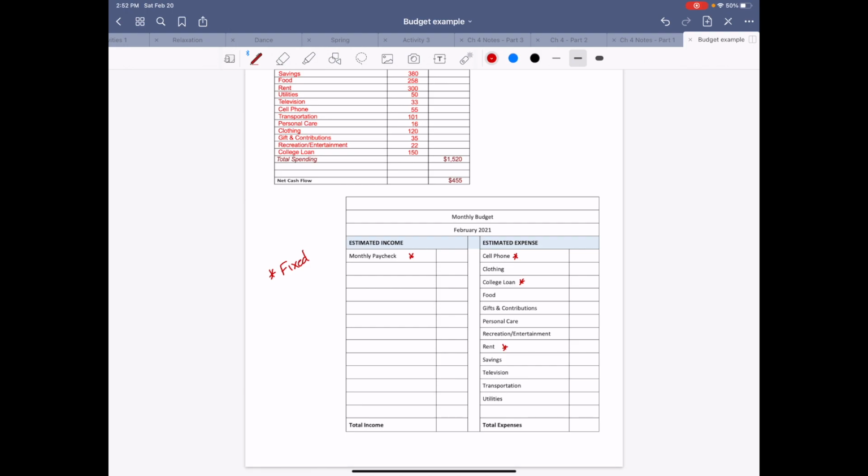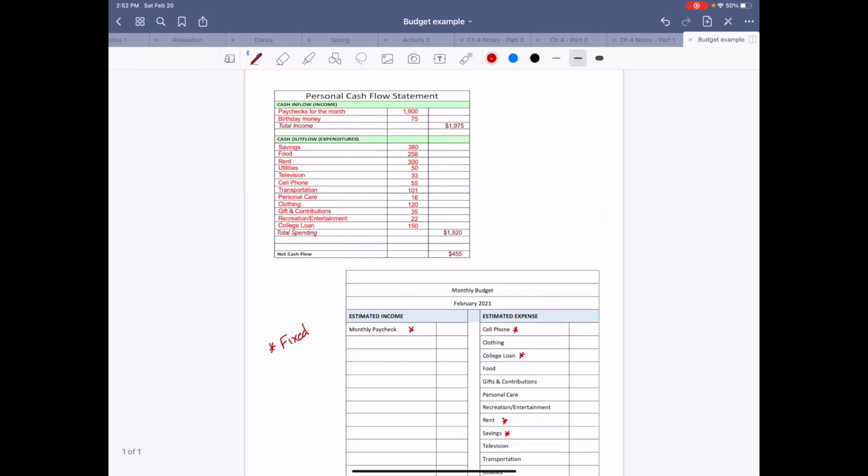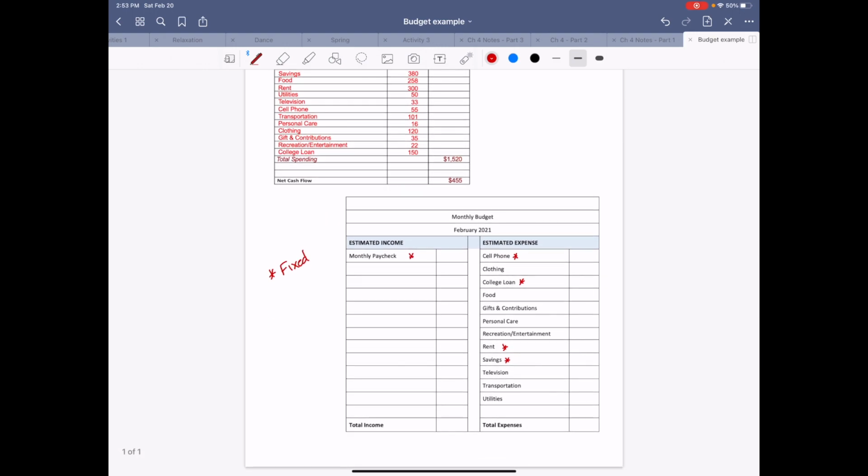Our rent should be the same every month, so that should be a fixed. Our savings will be the same every month because, again, if you remember from our plan up above, we planned on putting a certain percent in savings every month. And our television will be the same every month, and transportation and utilities will change.